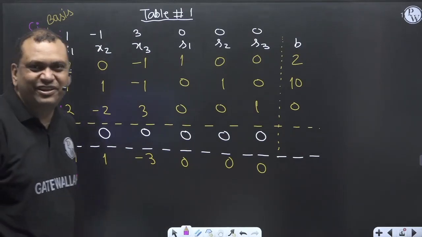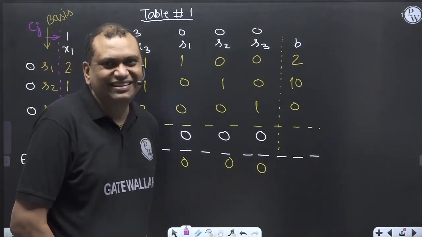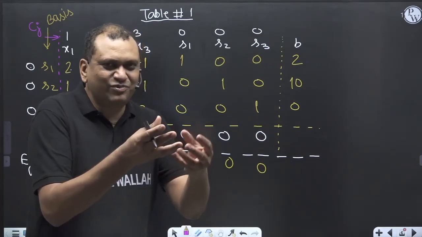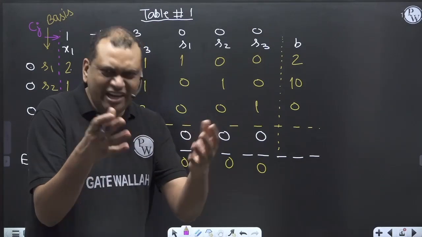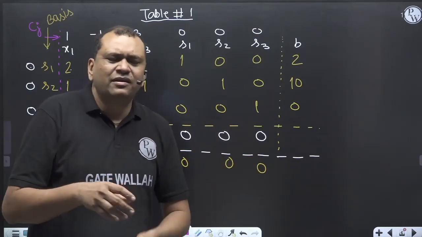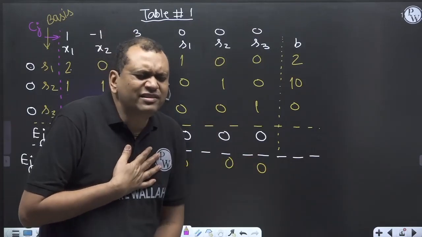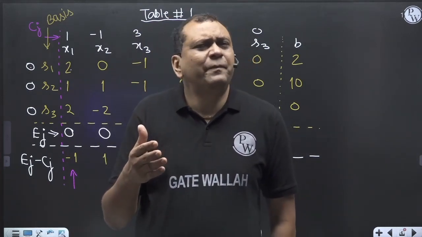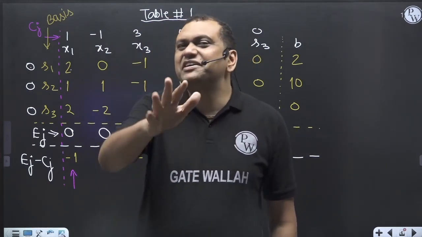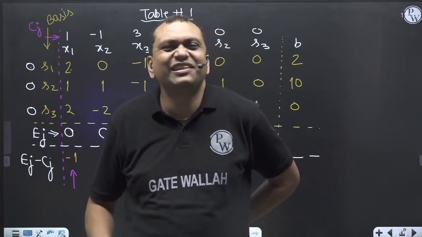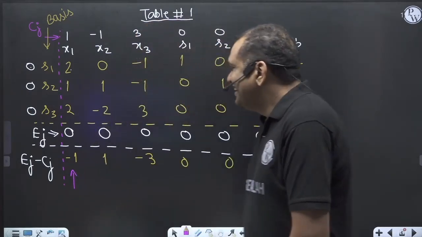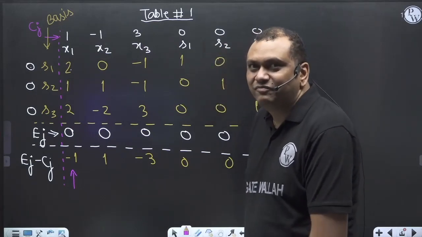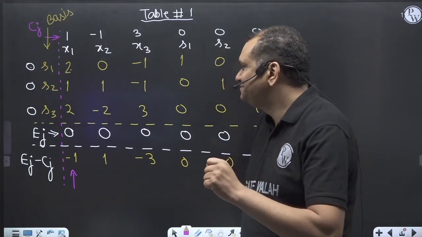Please hear carefully, because in GATE or some other exam a question may pop up. I'm recording these industrial engineering lectures primarily for GATE, but they are meant as short notes for all competitive examinations. What does this minus 1 indicate?